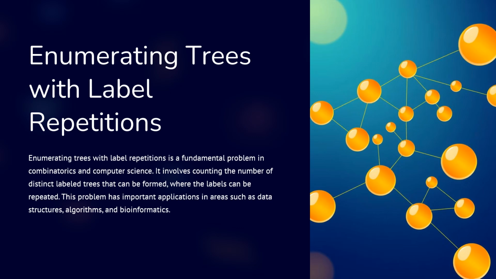It involves counting the number of distinct labeled trees that can be formed, where the labels can be repeated. These problems have important applications in areas such as data structures, algorithms, and bioinformatics.